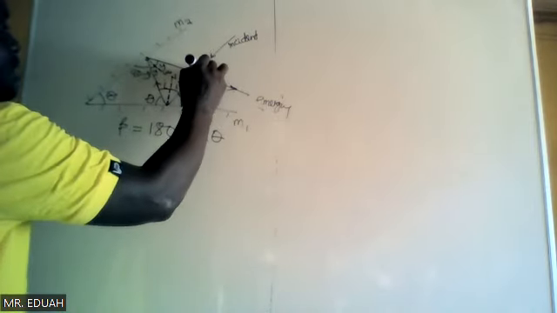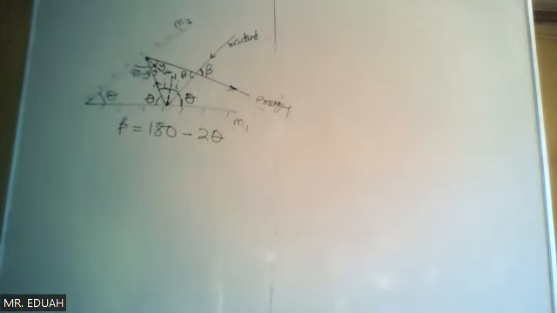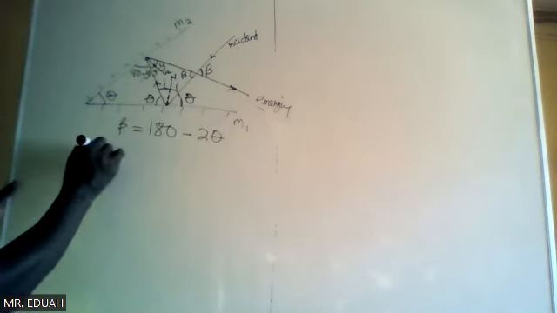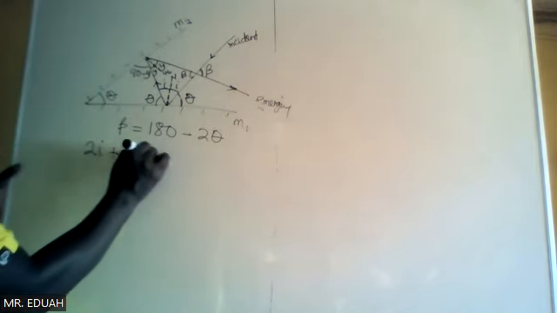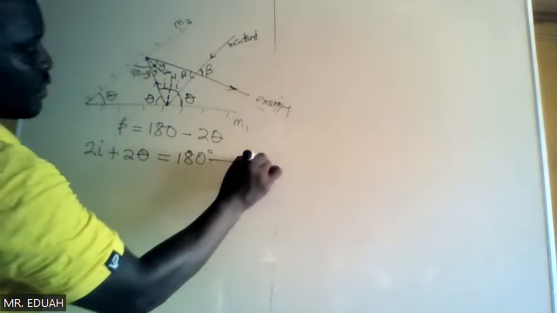Once this angle is beta, this is also beta. So when we look at this, to mirror one, we have 2 times i plus 2 times theta equal to 180 degrees as equation 1.